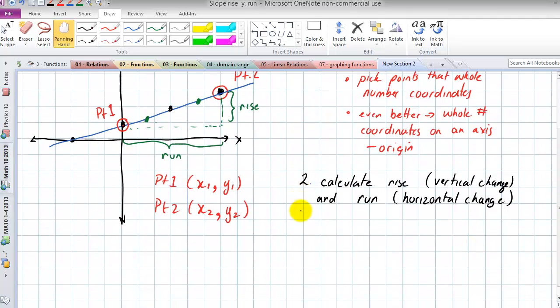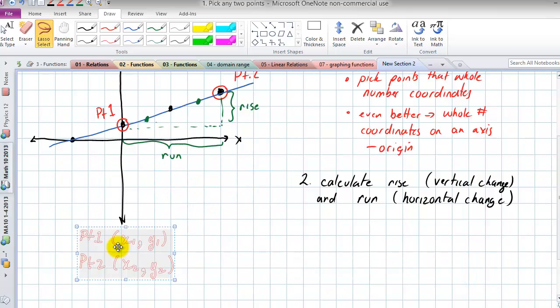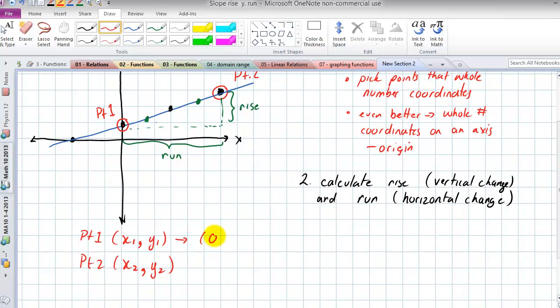Okay, so let me move this over here. So point 1 has coordinates x value is 0 and the y value is 1. And point 2 has x value of 6, and y value of 3.